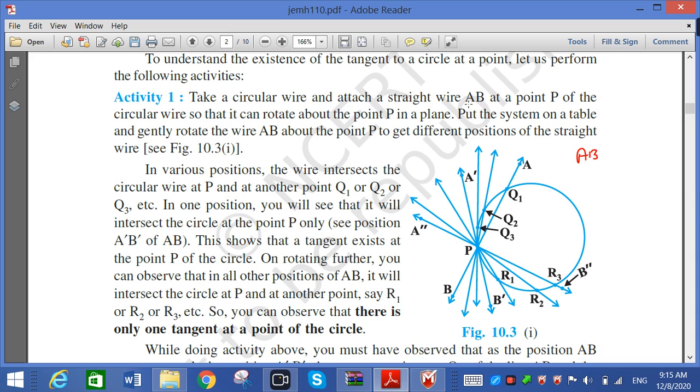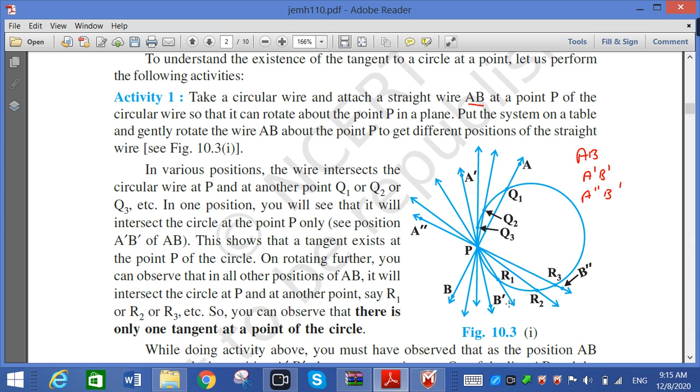So straight here by here, but we can say it is a line AB. So line AB, line A dash B dash, line A double dash B double dash.